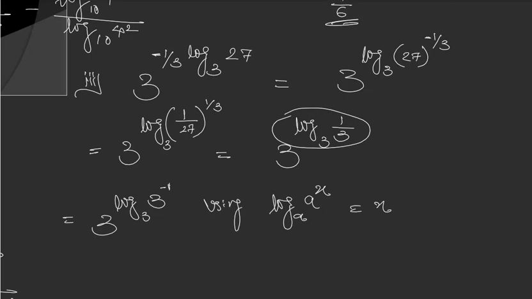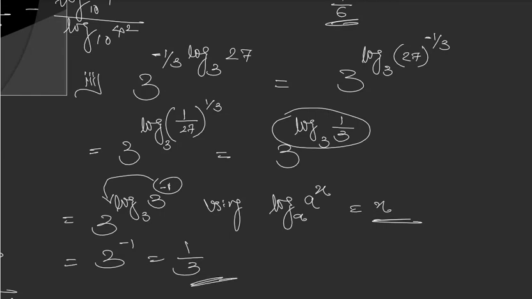You remember which identity this is? Third identity, right? So we have log of 3 raised to minus 1 to the base 3. Now I can write it directly as 3 raised to minus 1, which is 1 by 3. Because minus 1 anyhow will get multiplied in front of the log, and then it will become minus 1 into log of 3 to the base 3. Log of 3 to the base 3 is 1. So minus 1 into 1 is minus 1, and 3 raised to minus 1 is 1 by 3. So this is how you can solve it.